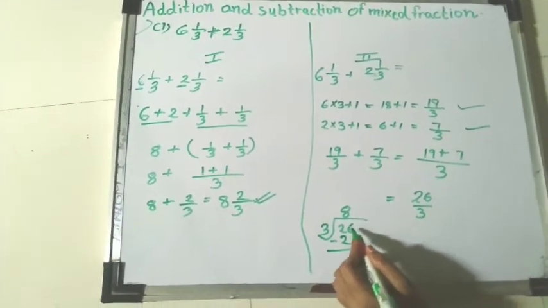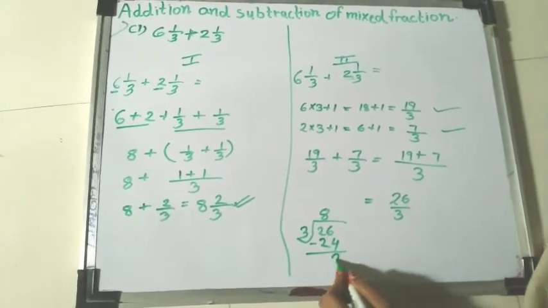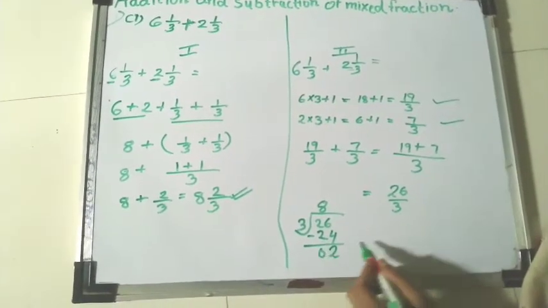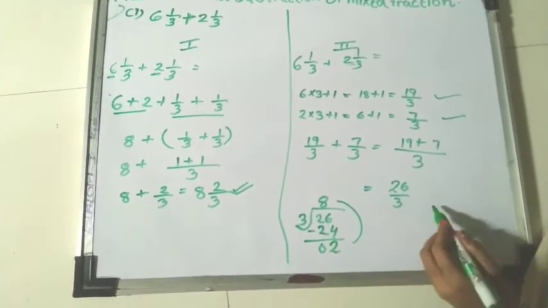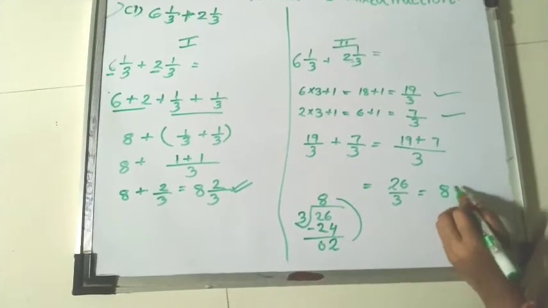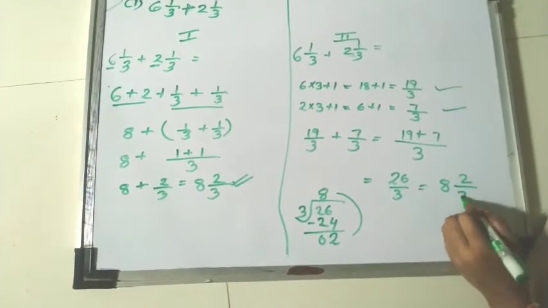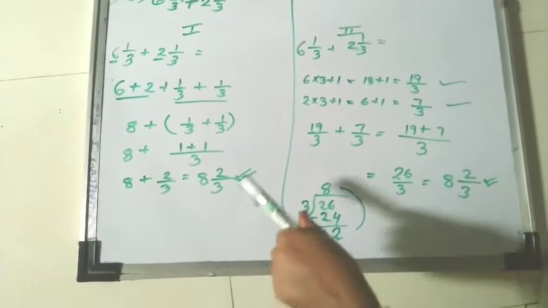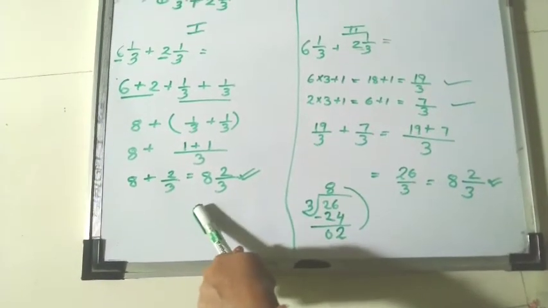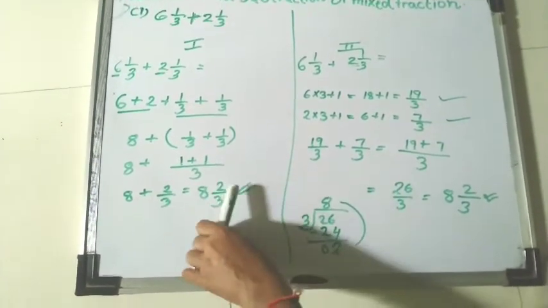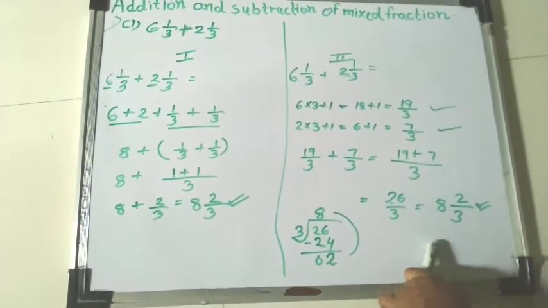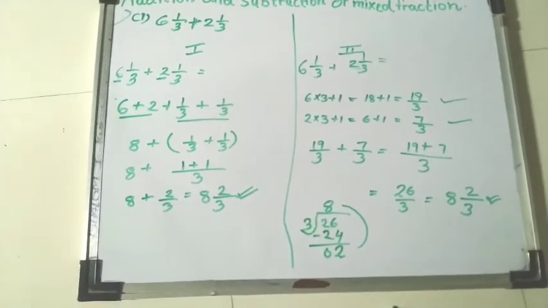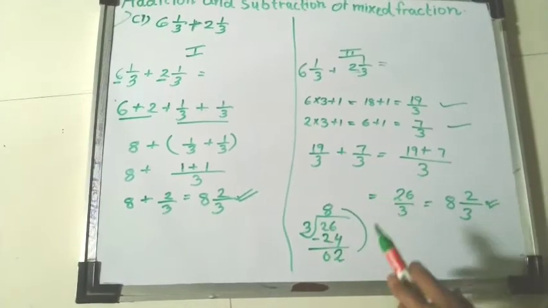You subtract 26 minus 24, which is 2. How to write it? You can write 8 and 2 by 3. Here we solved the question in two methods, method number 1 and method number 2. As you wish, you can solve the addition questions whichever way you like.